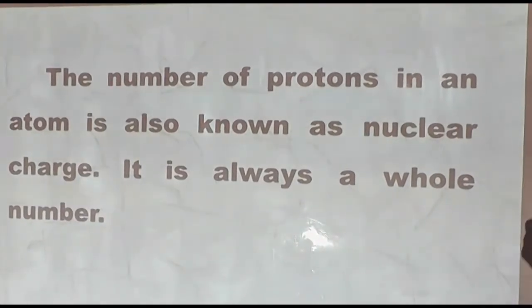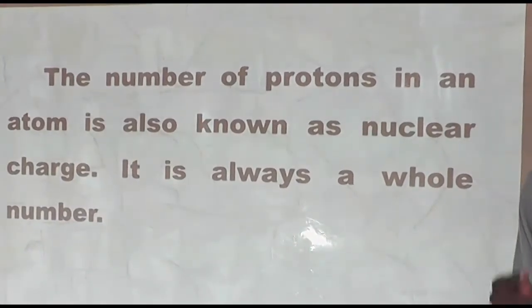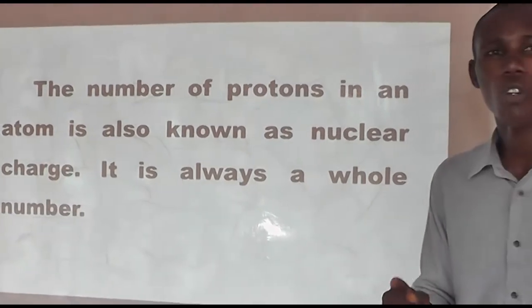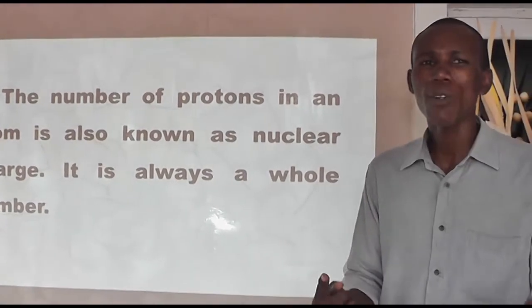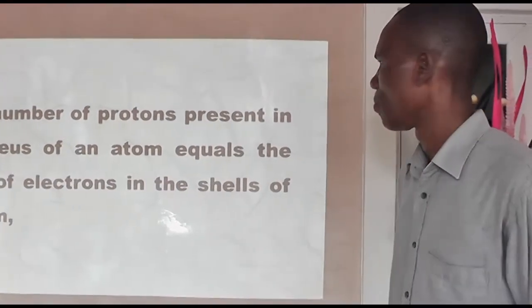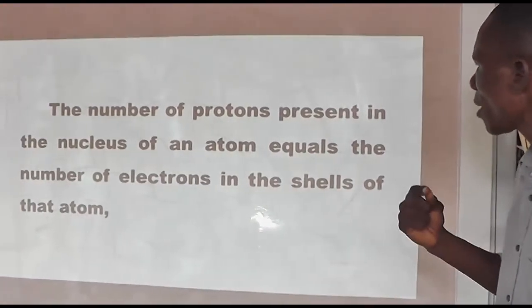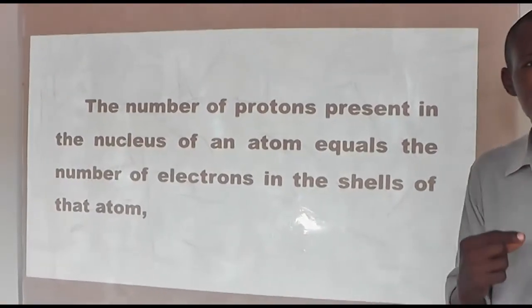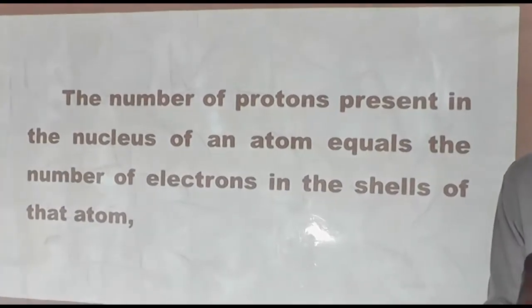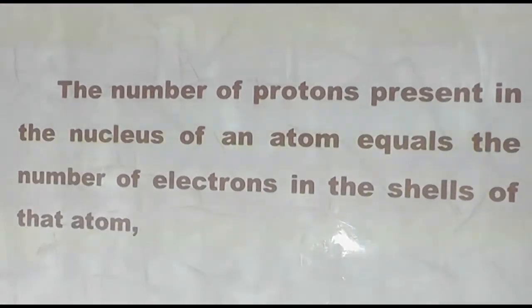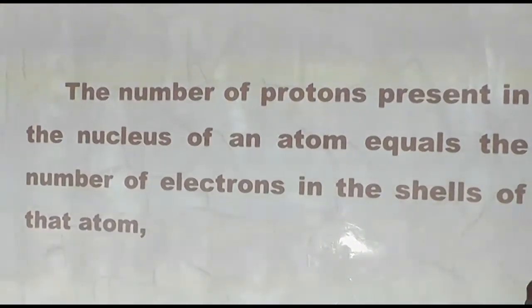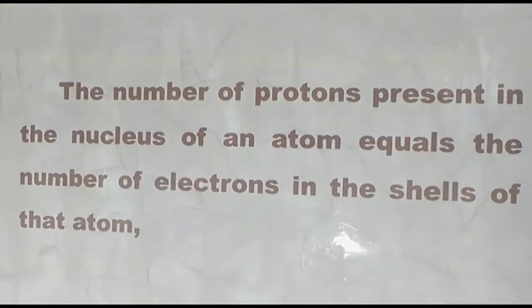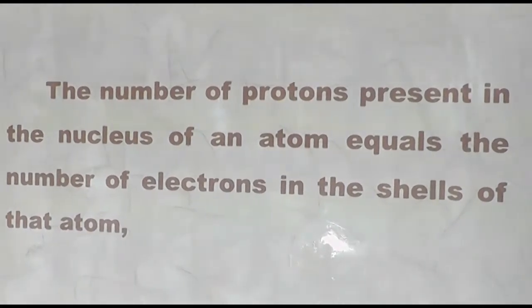Now, the number of electrons, as we have said, must be equal to the number of protons. But then look at their charges. The electron is negatively charged, while the proton is positively charged. Then if the number of protons must be equal to the number of electrons of any atom, it means that an atom is electrically neutral.